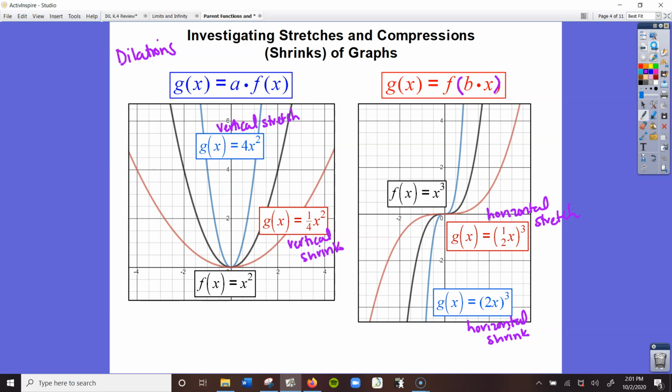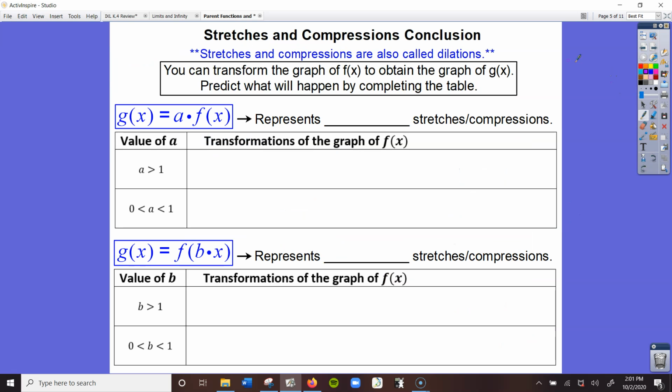So just so we can understand this a little better, here we have 2 charts that we're going to fill out so that we can remember the differences between stretches and shrinks and horizontals and vertical, etc. If you have some number, so in this case some number like a, which is outside of your function, that represents a vertical stretch or compression, which a compression is the same as a shrink.